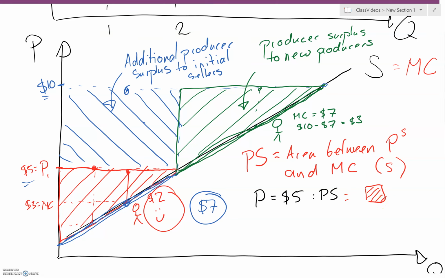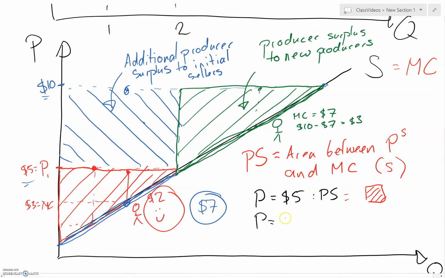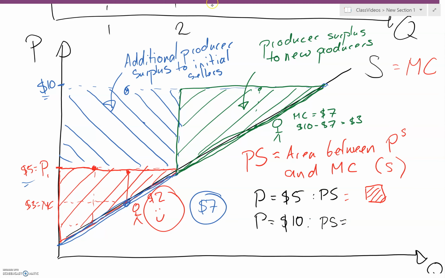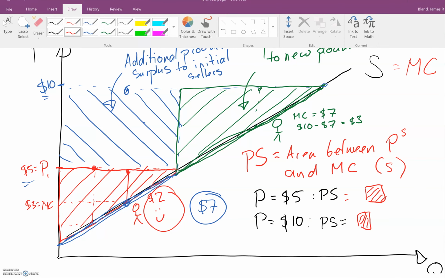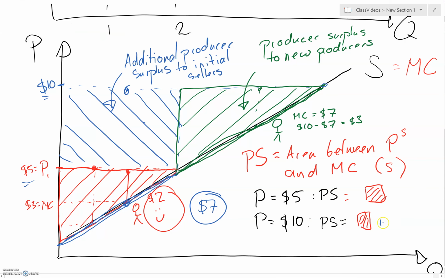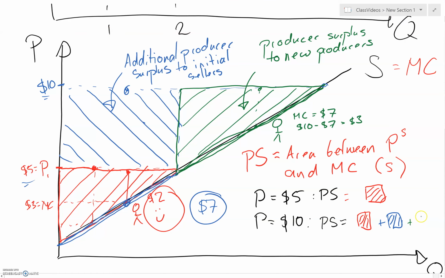But when price goes up to $10, producer surplus is now equal to the red area, which producers are still getting, plus the blue area, plus the green area.